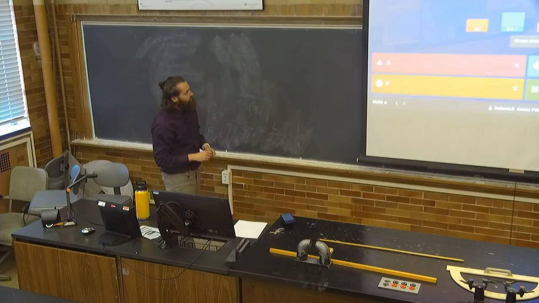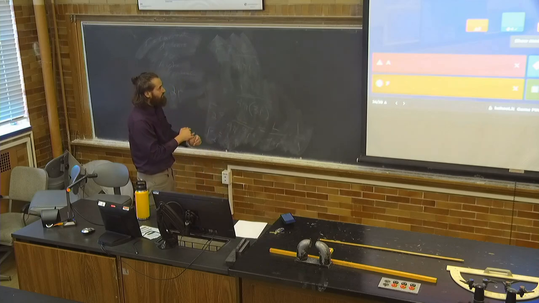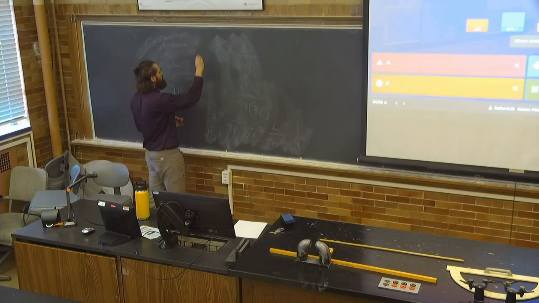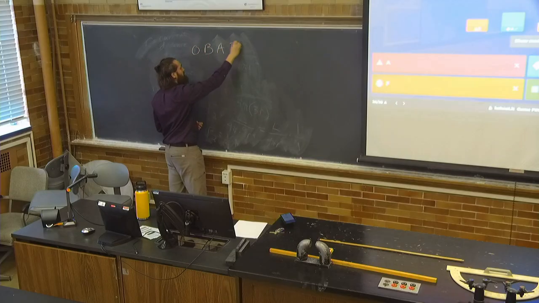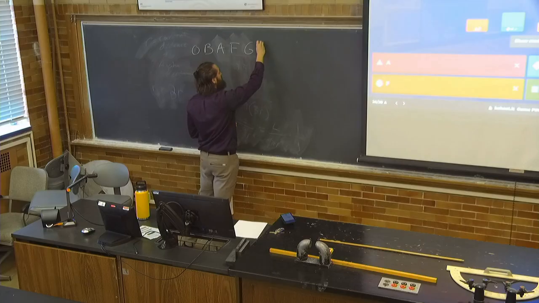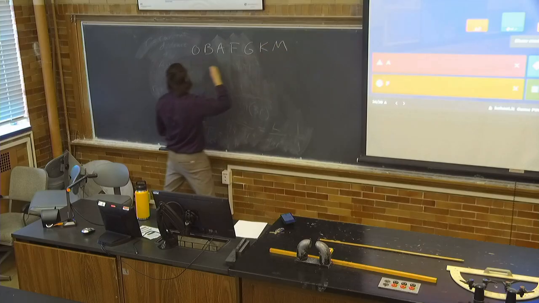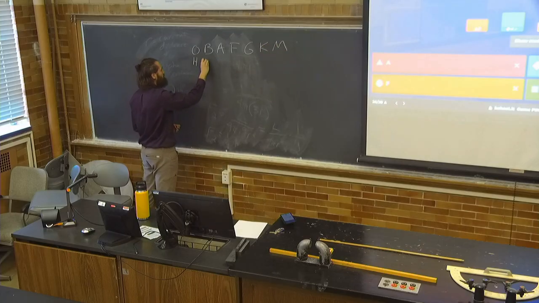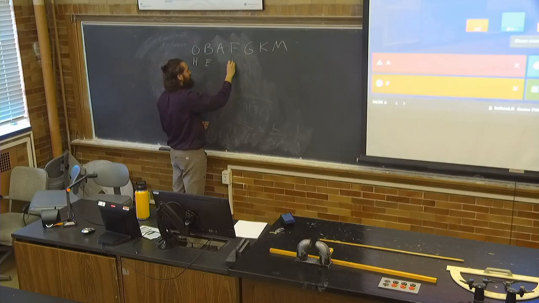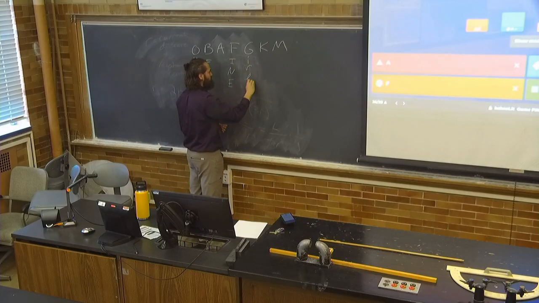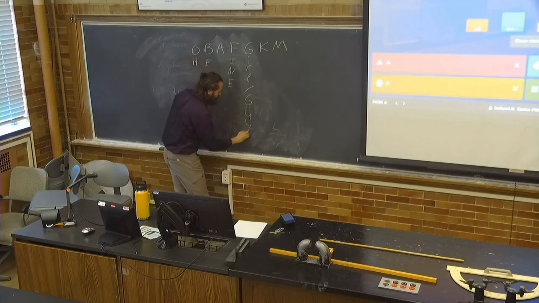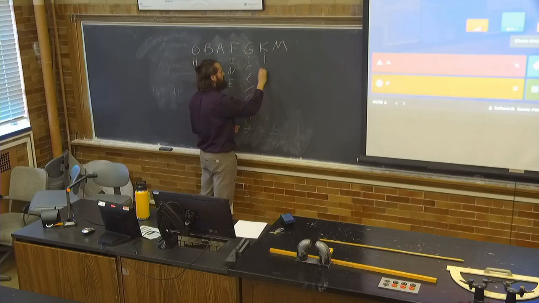So I'll show you the mnemonic device that people typically use to memorize this. It's O, B, A, fine, girl or guy, kiss me.